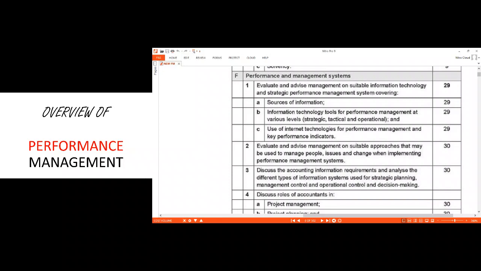We are going to evaluate and advise management using a hypothetical example on suitable approaches that may be used to manage people. How are we going to manage our people as a corporate leader? We are going to discuss accounting information. Then we are going to discuss the role of accountants.